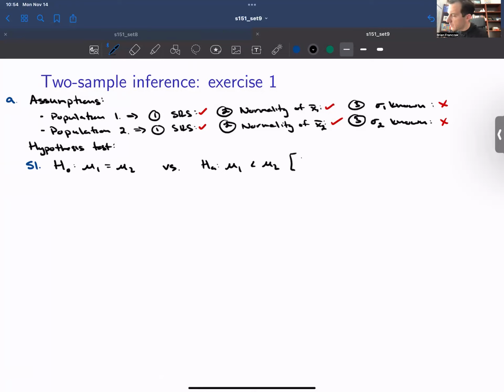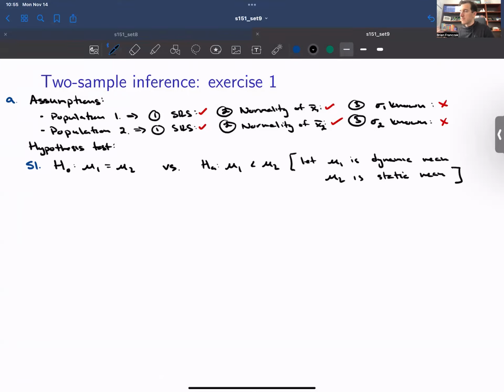And then we have to just make sure that we know that mu1 is the dynamic mean, mu2 is the static mean. Okay. So as long as we know we have declared which population is population 1 and which population is population 2, that will inform the direction of the test.